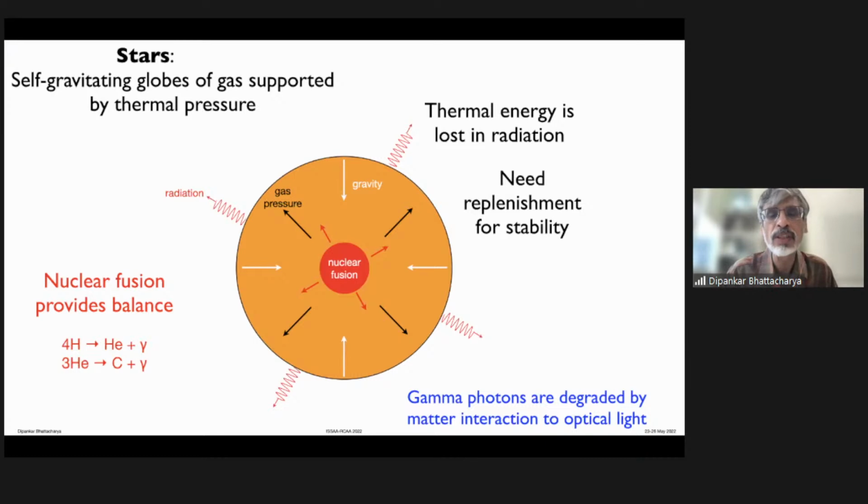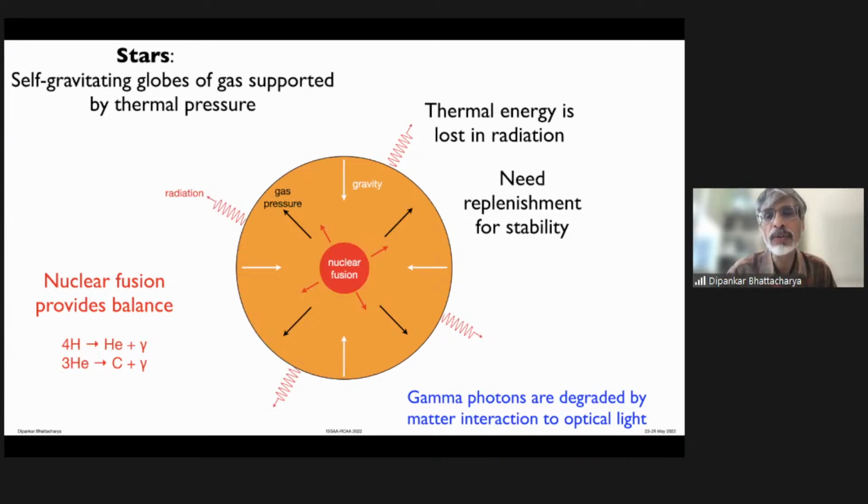And eventually, from the surface, you'll start getting thermal radiation at some defined temperature, which will be called the effective temperature of the star. The temperature at the center where the nuclear fusion is going on is going to be much, much higher than the temperature at the surface, where the radiation you see comes from the gamma photons which have degraded and the thermal emission that the heated gas is producing.